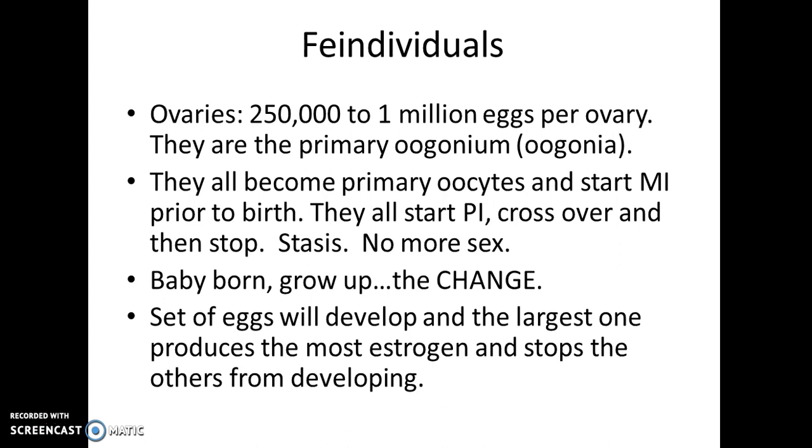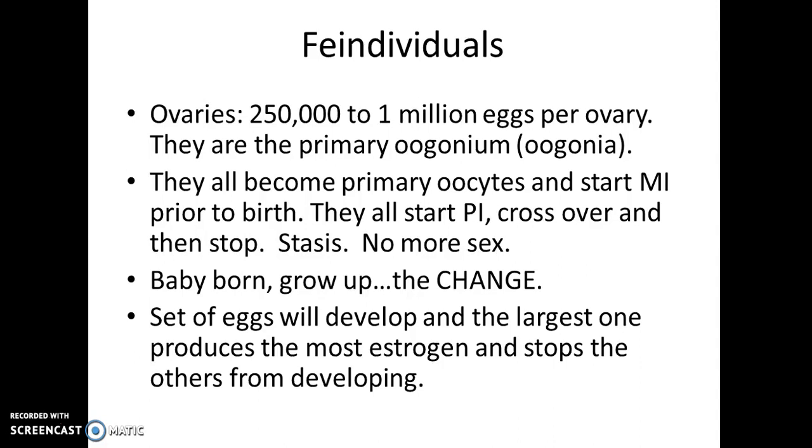For females, there are anywhere from 250,000 to 1 million eggs per ovary. We're going to say 250,000. That means that each individual has 500,000 eggs because you have 2 ovaries. All of those are primary oogonia. Each cell is a primary oogonia, and they will undergo meiosis to become the egg.